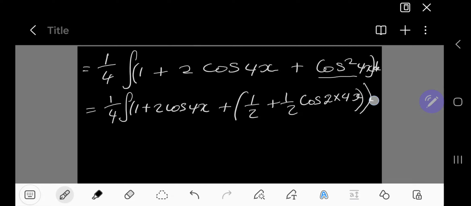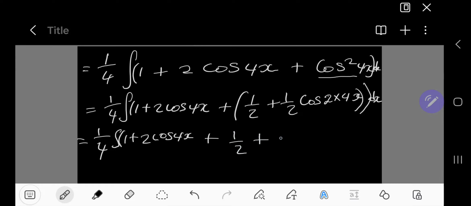Then we close the brackets and have dx. So we have 1 over 4 times 1 plus 2 cos 4x plus 1 over 2 plus 1 over 2 cos 8x, and we close the brackets and have dx.